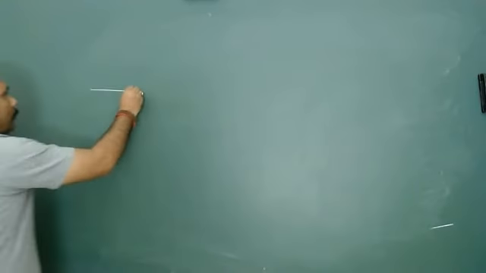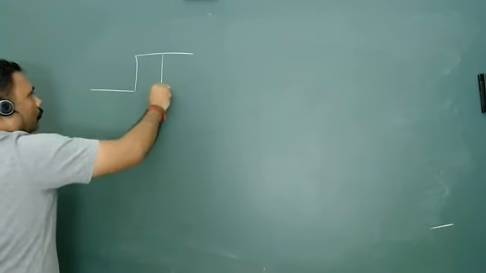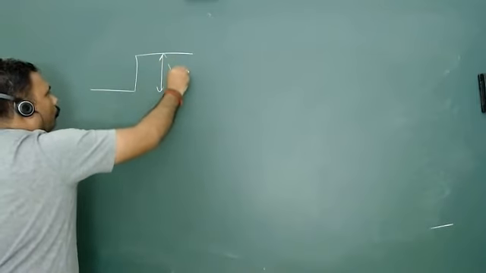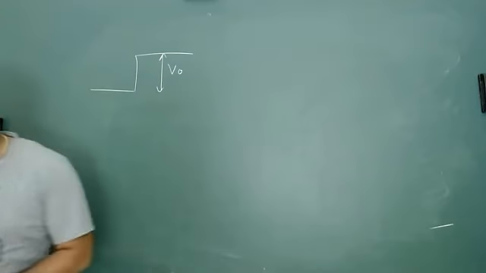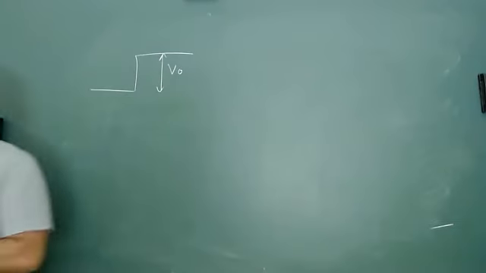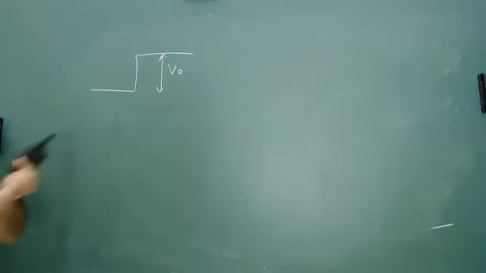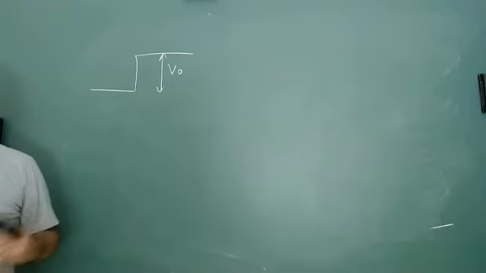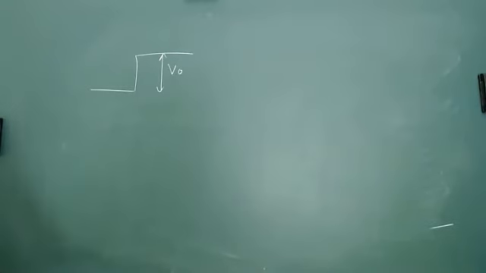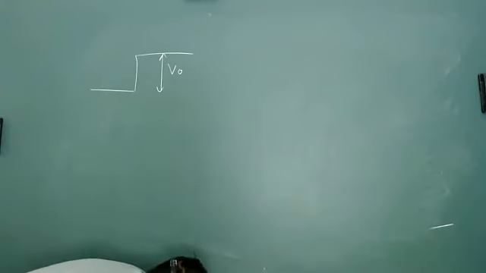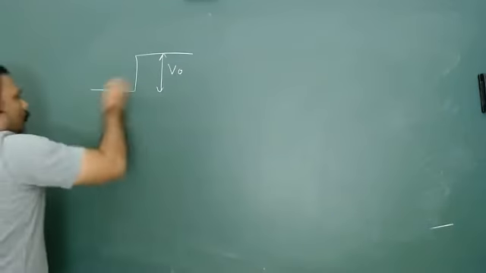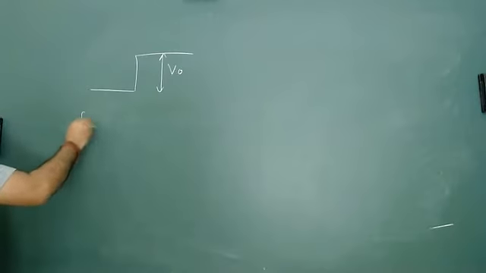So this is basically a step potential. We have V naught as my potential, and the particle will be interacting with this potential. Let's try to understand what will happen to the de Broglie wavelength for different energies.